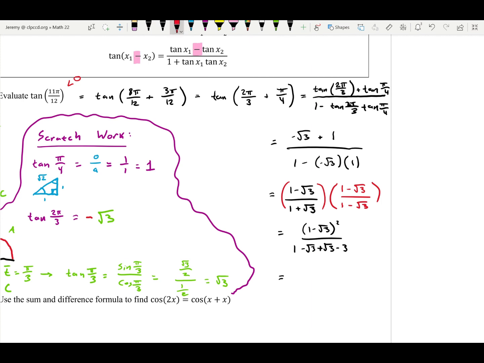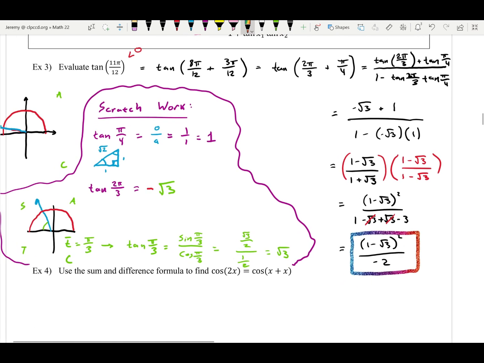Those middle terms cancel out, negative and positive, and we're just left with negative 2 in the denominator. So I could write my answer as 1 minus root 3 quantity squared divided by negative 2. You could FOIL out the numerator if you felt like it, but this is how I'm going to leave my answer.